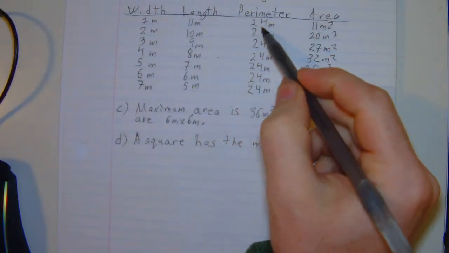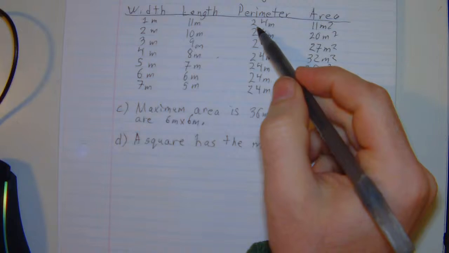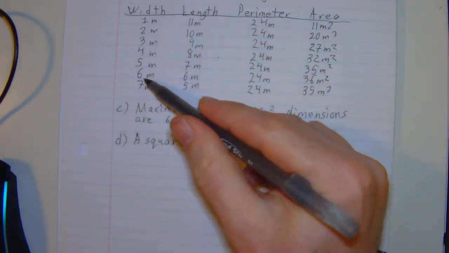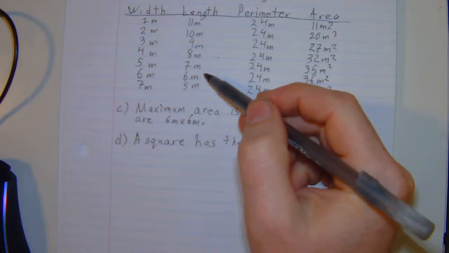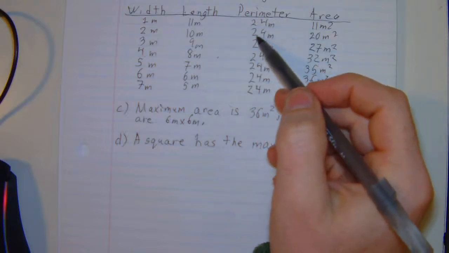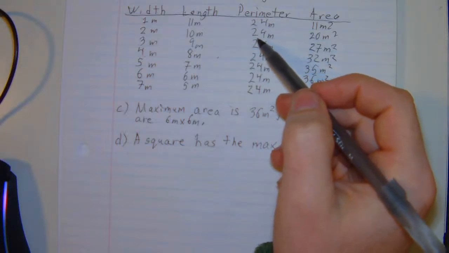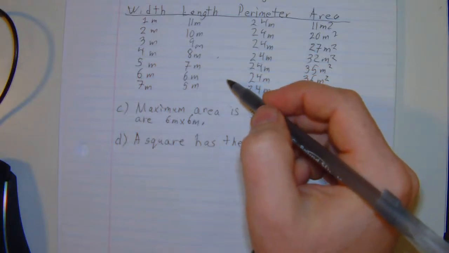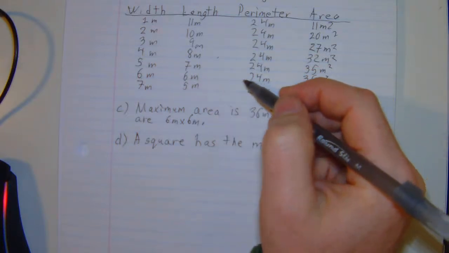If the perimeter number you pick is not divisible by 4, then you won't be able to make a perfect square with whole number lengths. It turns out, though, that you can just take whatever perimeter you choose and divide it by 4 to get a decimal value for the square sides.